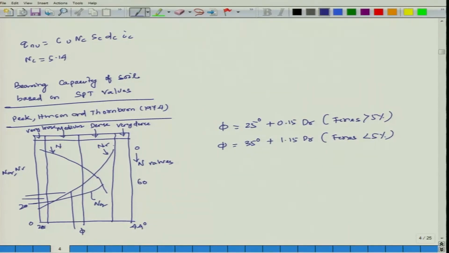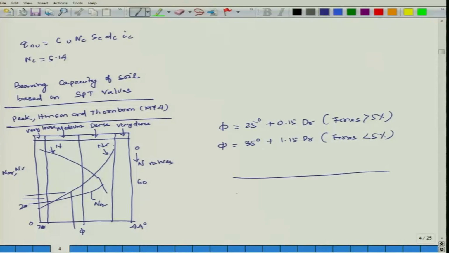Next is based on cone penetration values, and in some cases there is a formula given by Teng. Then next will be the bearing capacity of footings, particularly on layered soils. Right now, whatever we have discussed is a single soil.